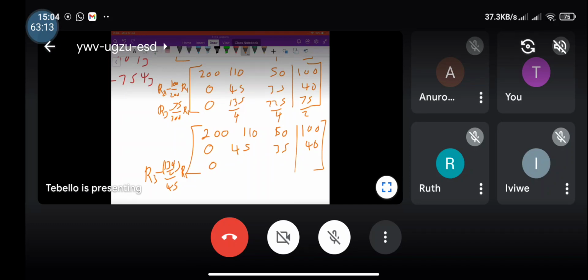Just making sure, 135 over 4 over 45 times 45, so yes, it is 0.